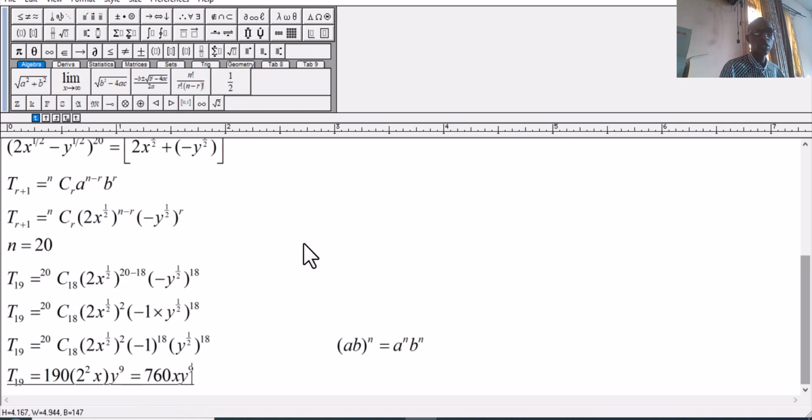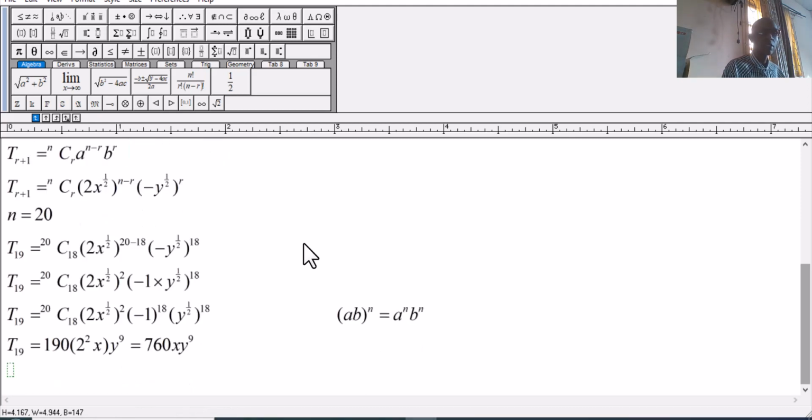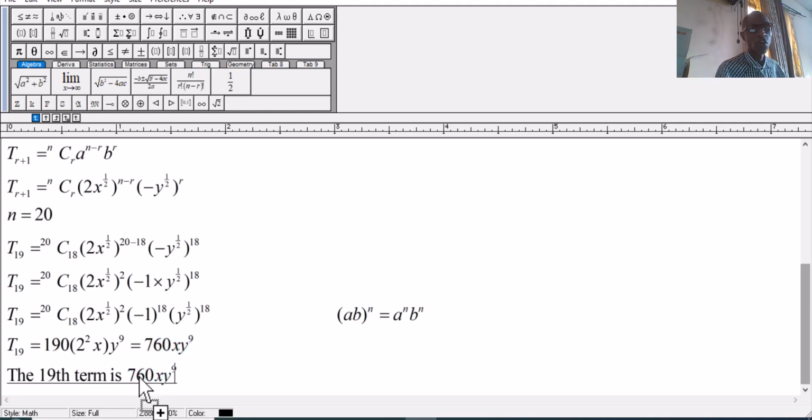So the 19th term is 760 x y raised to the power of 9. So that is the 19th term in this expansion.